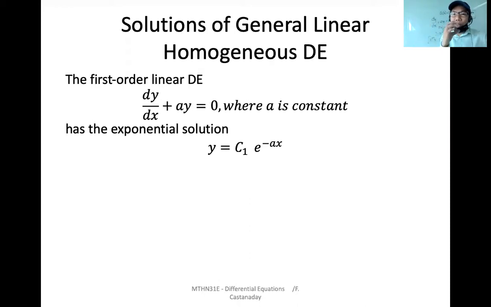So naka-label na yung C, yung first C as C sub 1, and the other arbitrary constant is labeled as C sub 2. Okay? Kapag third order siya, or third derivative, yung pinakamataas na derivative na makikita mo dun sa equation, tatlong arbitrary constants, and these arbitrary constants are unique, di ba? C sub 1, C sub 2, and C sub 3. Okay? For your general solution. Do you follow?